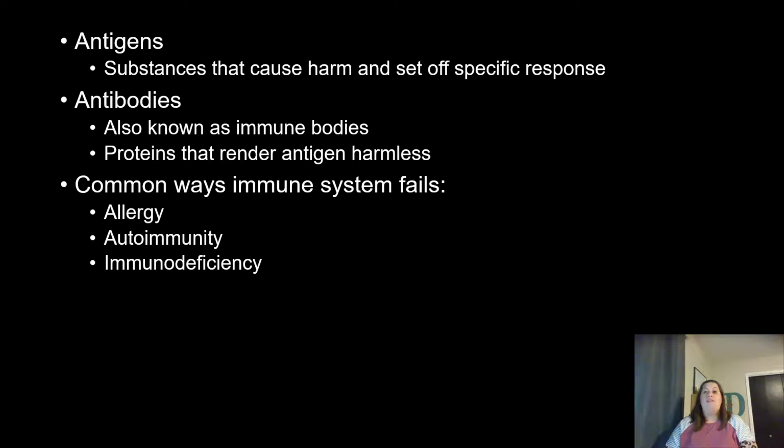Now, common ways that your immune system fails, where it does not do its normal job. This could be allergies. When we look at allergies, this is actually a hypersensitivity. This is where your immune system overreacts. Kind of like when you've had a bad day and somebody comes in and says, hey, how was your day? And you go off on them and yell at them, it was fine. That's an overreaction.